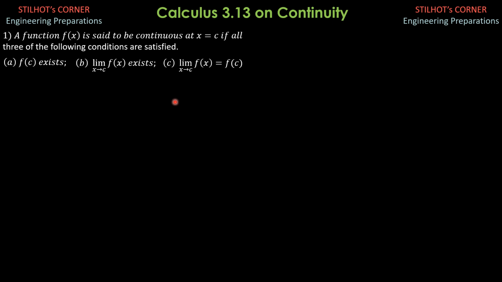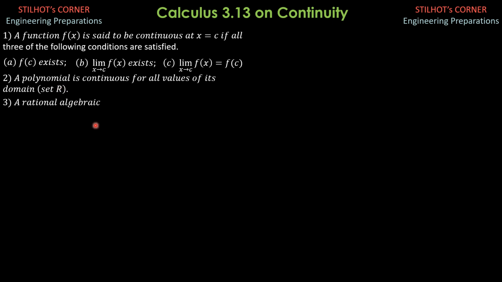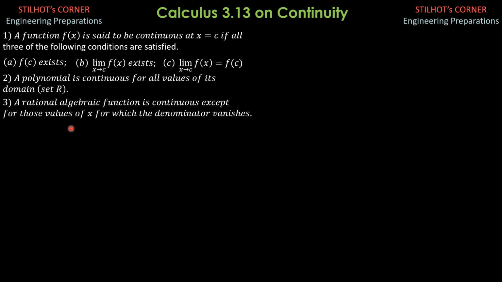And in general, a polynomial curve or polynomial function is continuous for all values of its domain set R. So it is continuous. There's no break for polynomial curves. So take note of that because polynomial curves have no denominator. Lastly, a rational algebraic function is continuous except for those values of x for which the denominator vanishes.